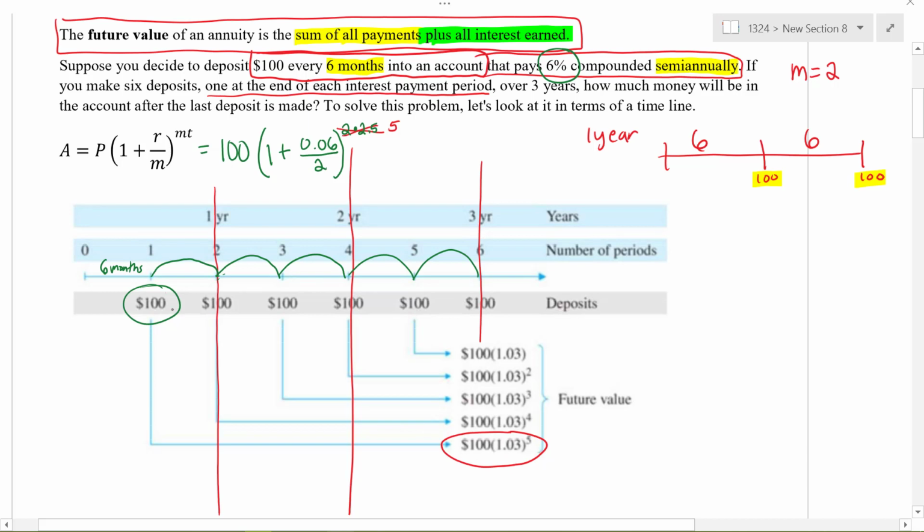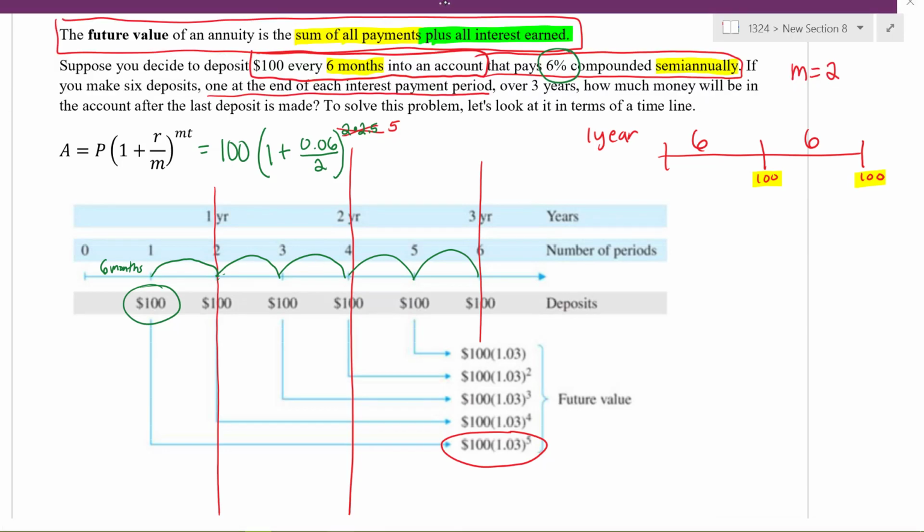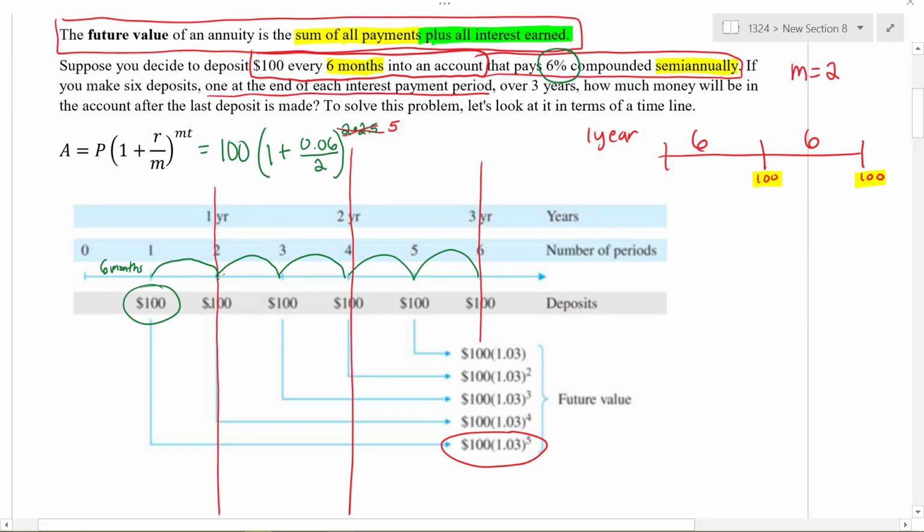Now that $100 is going to sit in the account longer than any other deposit that you make. So what happens with the next one? The next $100 that you deposit is going to come at the end of the first year, and so the first time interest gets calculated is in the next period. So the interest on that second $100 gets calculated 1, 2, 3, 4 times.